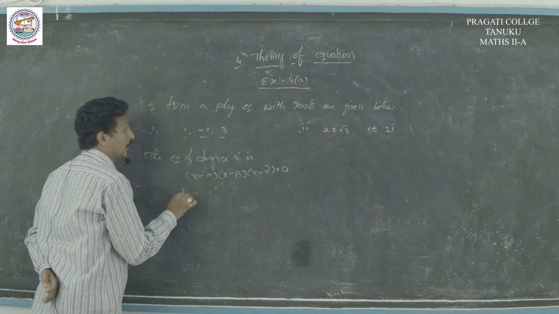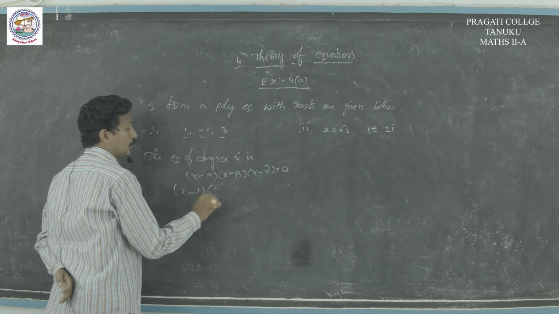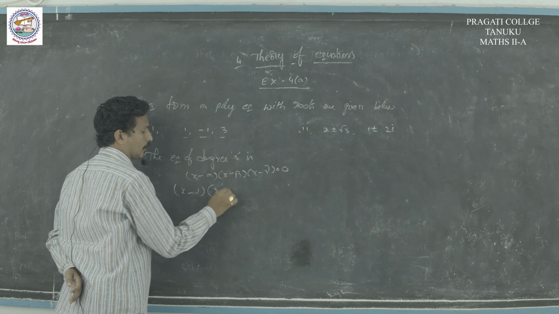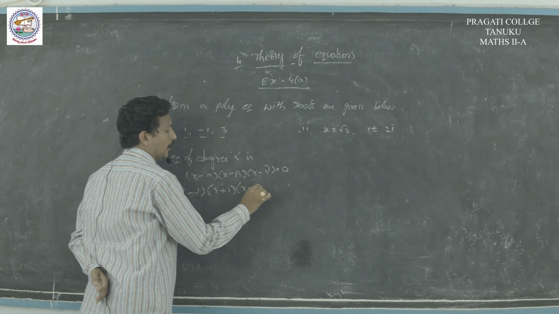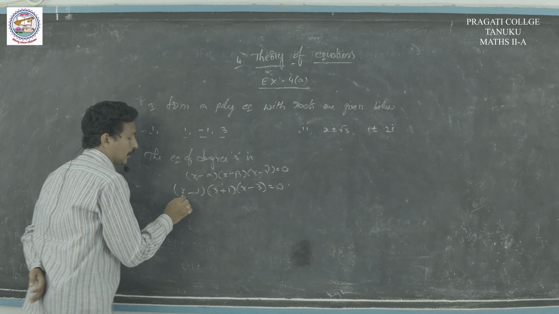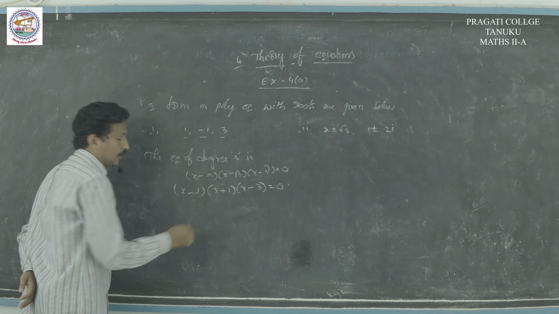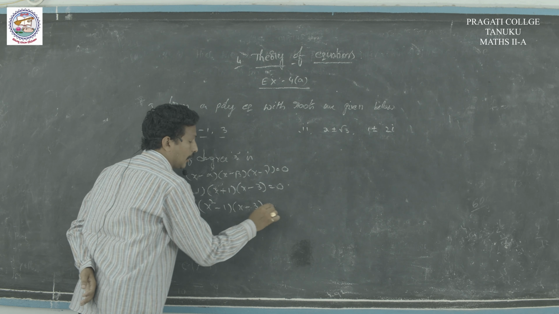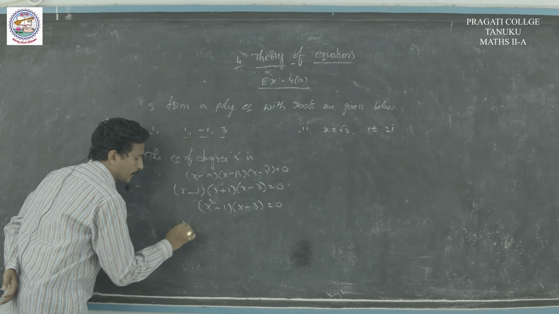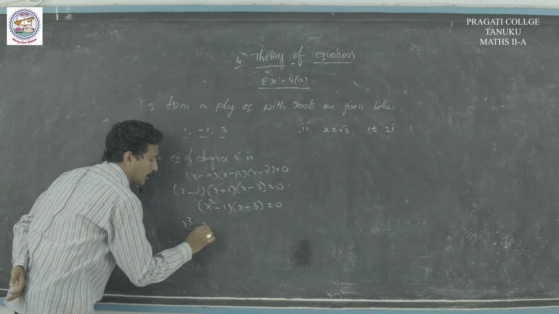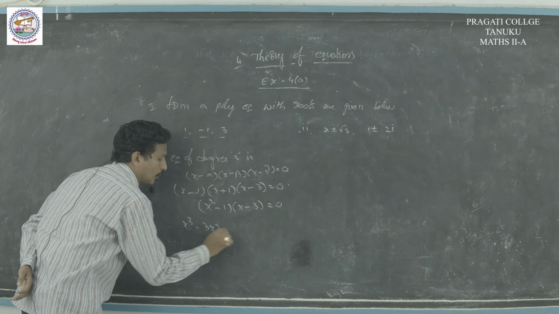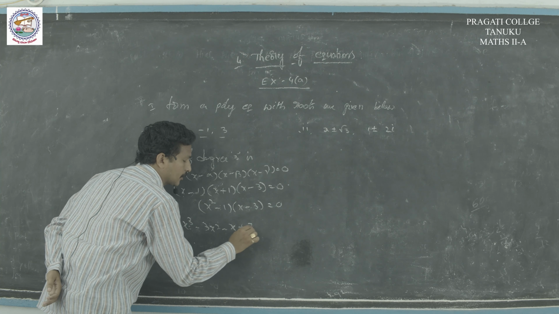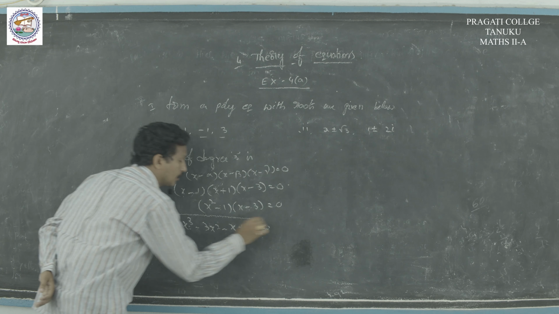That means x minus 1, into x minus of minus 1, that is x plus 1, into x minus 3 is equal to 0. It is of the form a minus b into a plus b, so x square minus 1 into x minus 3. Again we multiply: x square into x, x cube; x square into minus 3, minus 3x square; minus 1 into x, minus x; minus 1 into minus 3, plus 3 equal to 0. It is a cubic equation.